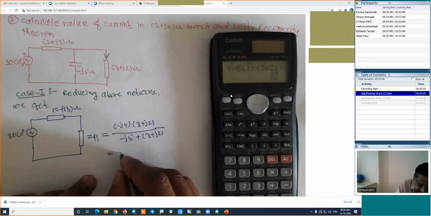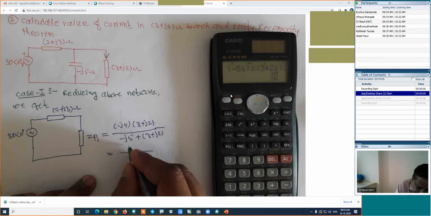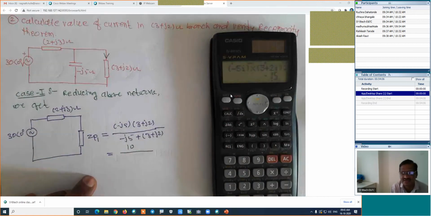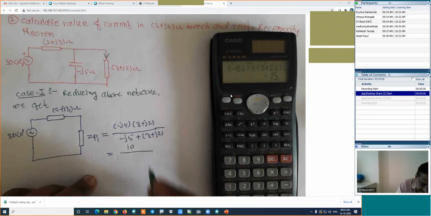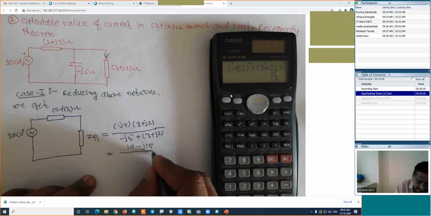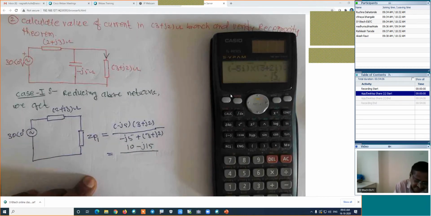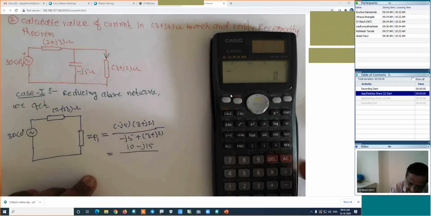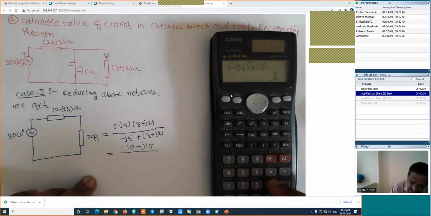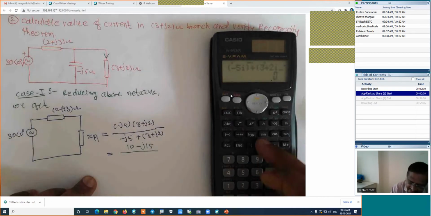The real part of the numerator is 10, then shift, equals, the imaginary part is minus 15i, that is, minus J15 is the numerator. How will the denominator be? Here I will use the similar calculation: minus 5i, close the bracket, then plus 3 plus 2i, close the bracket, equals.